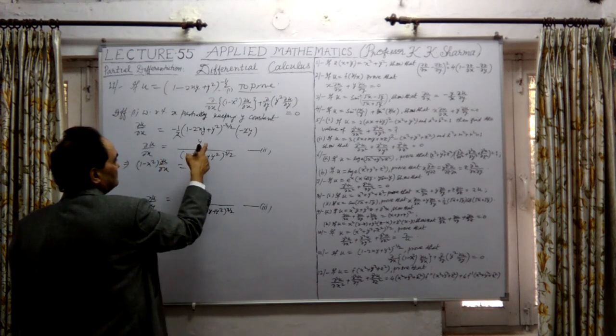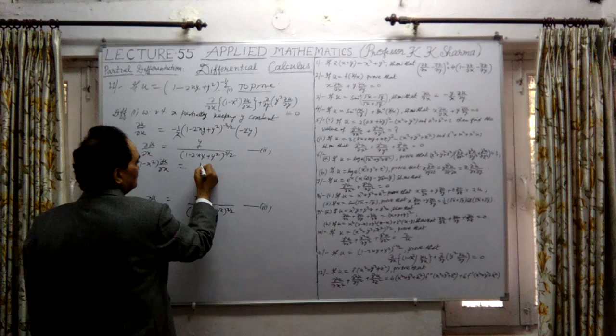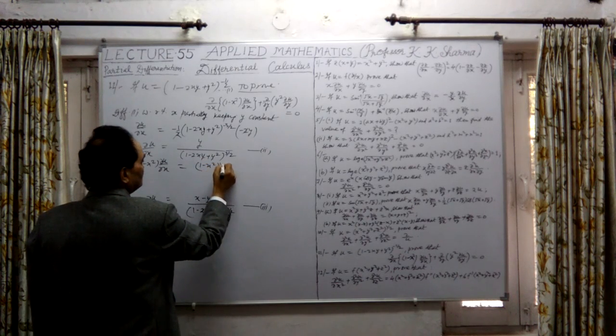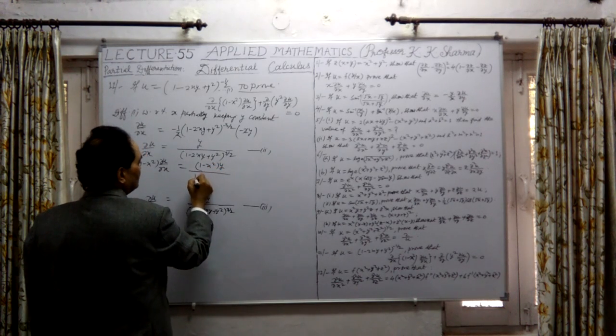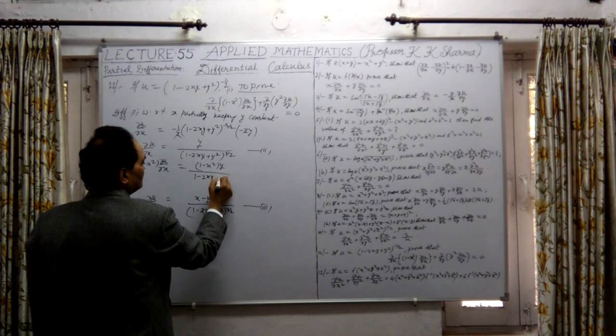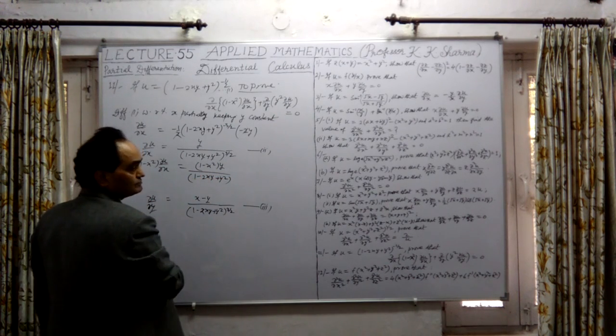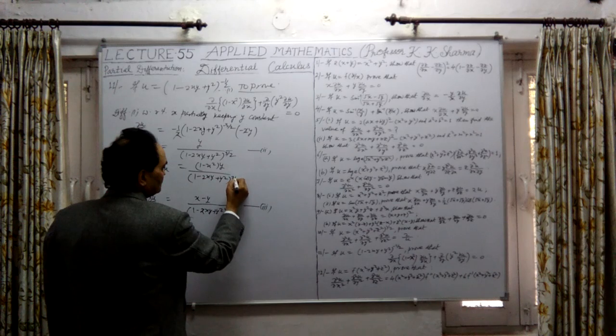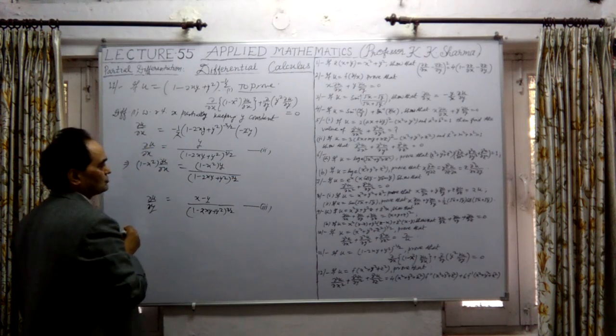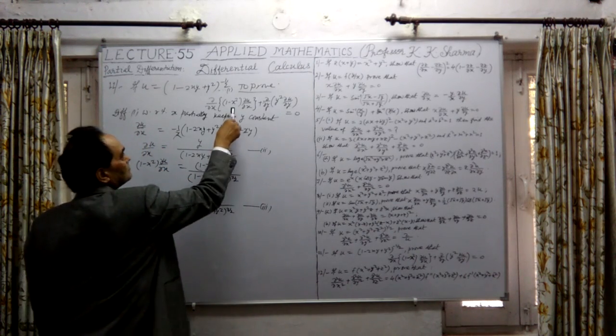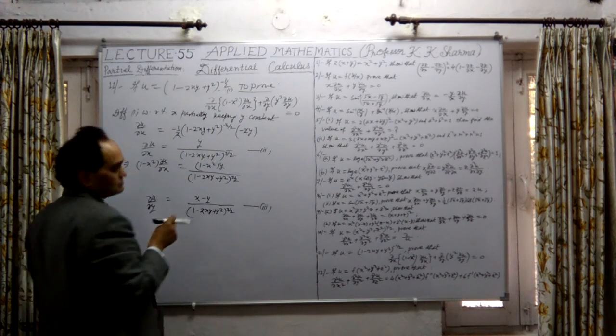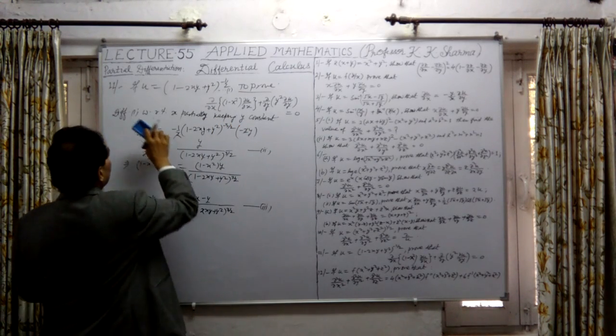So therefore, 1 minus x^2 into this bracket value del u del x will be multiplied by 1 minus x^2. It will be (1 minus x^2) into y, divided by (1 minus 2xy plus y^2) whole power 3/2. Okay, so this is to be now kept here, then the value del x.